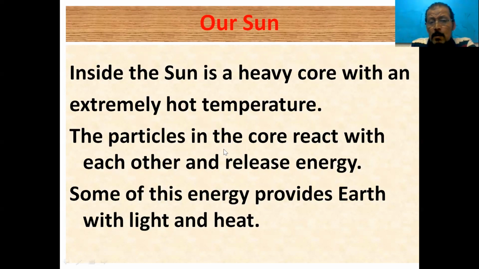The particles in the core react with each other and release energy. In 1 second, about 6 tons of hydrogen react together to release about 400 4 ton from helium, and this is the difference between two masses.